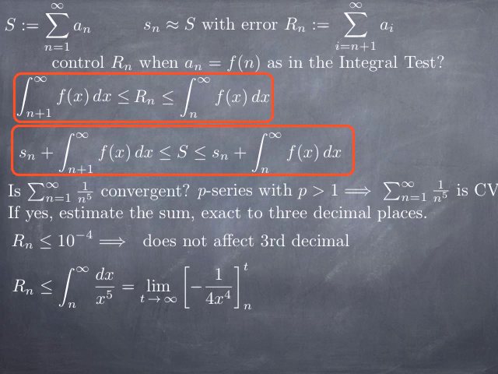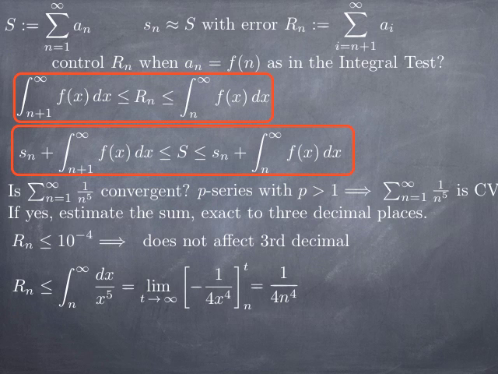If the reciprocal of 4n to the fourth is less than or equal to 10 to the negative 4, that's the same as saying that 4n to the fourth is greater or equal to 10 to the fourth. Then we divide both sides by 4, take the fourth root on both sides, and we get that n must be at least 10 over the fourth root of 4, which is approximately 7.1.